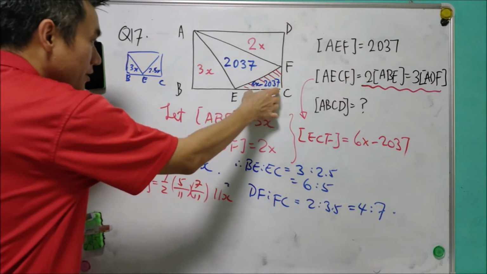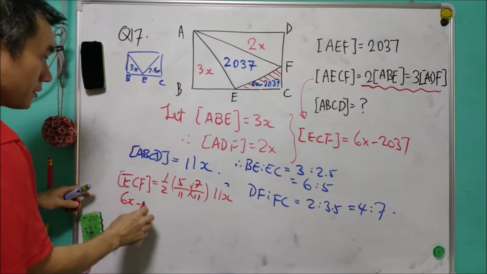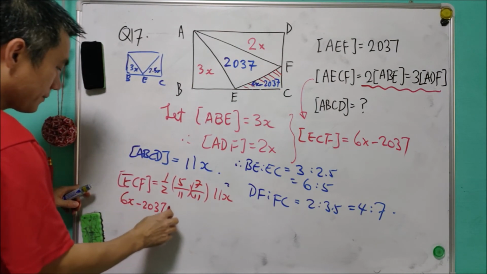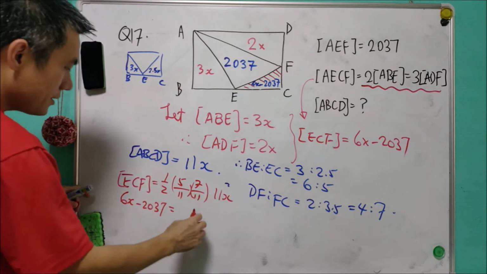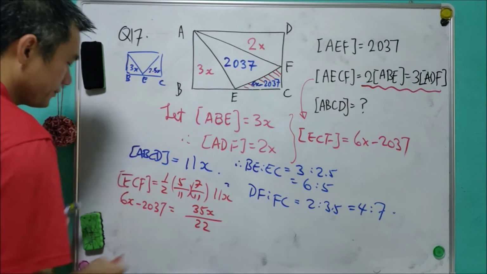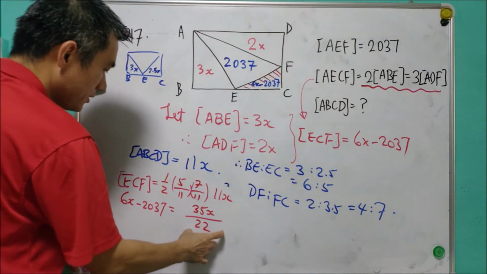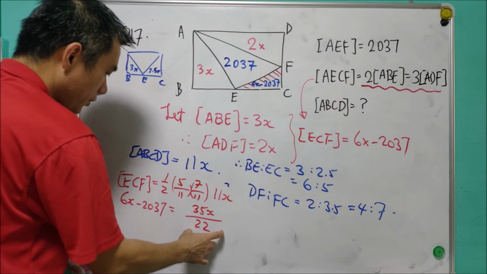And from the information that we have previously, it is also equal to 6x minus 2037. After we cancel, this is 35x over 22. Okay, so 6x minus 2037 is equal to 35x over 22.